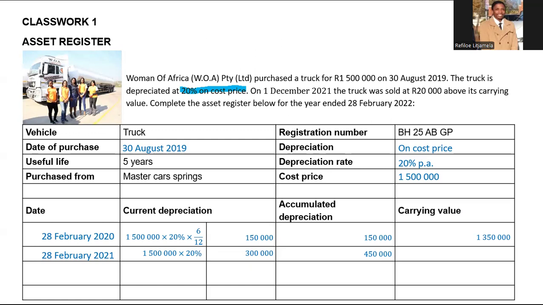It'll give us 450,000. The carrying value, you have two options. You take the cost price minus accumulated depreciation. It will be 1.5 million minus 450,000, and that will give us 1,050,000. Or you take last year's carrying value, or opening carrying value, and subtract this year's depreciation, and it'll still give you that 1,050,000.